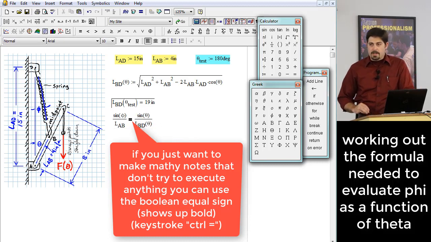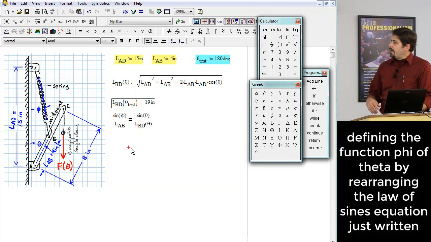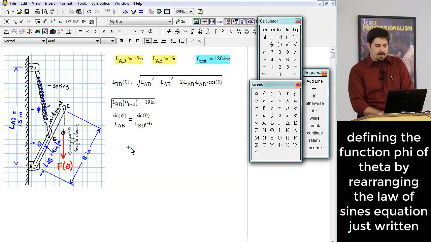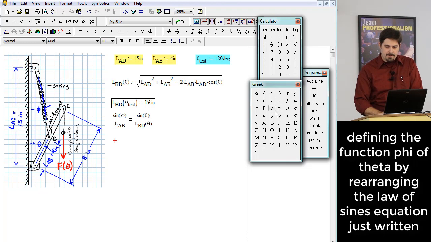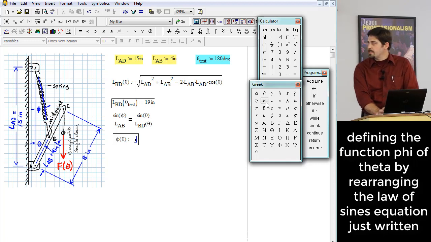If we want to rearrange that so that we get out just phi, what we do is we take phi and express it as a function of theta. Okay, what would the first operation be?